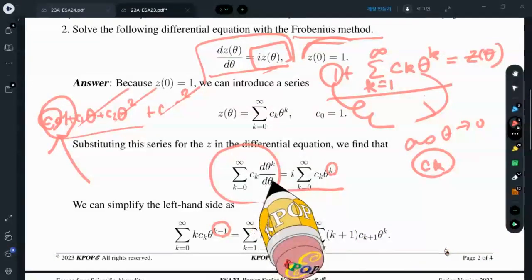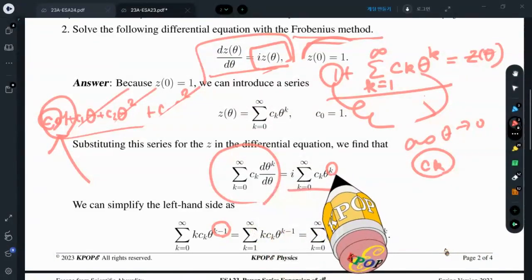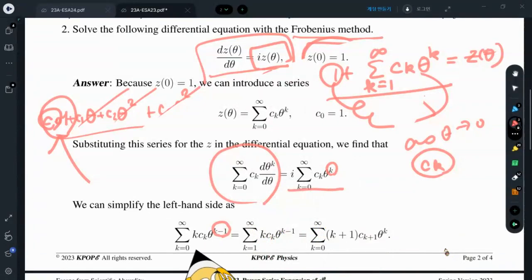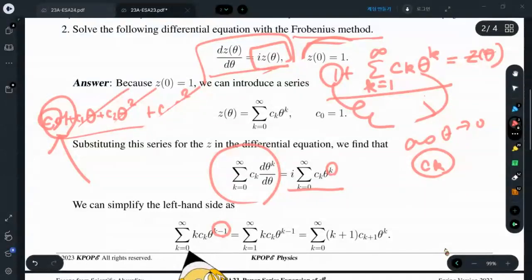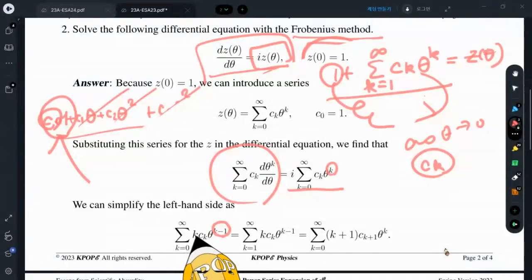So I'd like to compare this with the same power, so we need to reorganize the summation. Remember, this k is a dummy index that can be replaced with anything else, as long as the result is the same. First of all, substitute k equals 0.